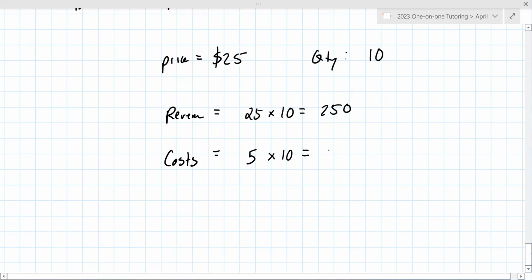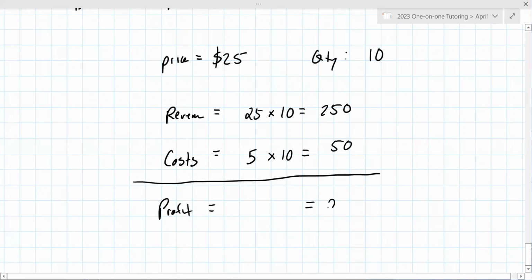So your cost is your license, $5 for every one that you made, which is $50. Your profit, maybe you already know this, but I thought an example might help. Your profit is $200. You take your revenue and subtract your cost.